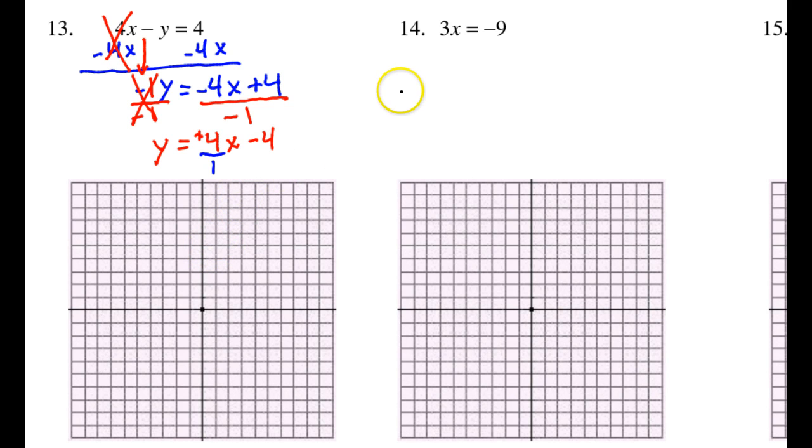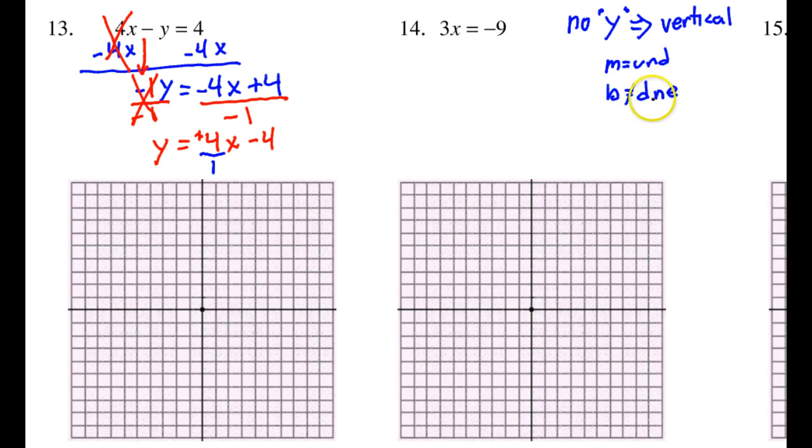On 14, notice how there's no y in this equation at all. Vertical. So you can have this idea before you even start solving: there's no y here, which means there's no slope. The slope is undefined, and there is no y-intercept, it does not exist.